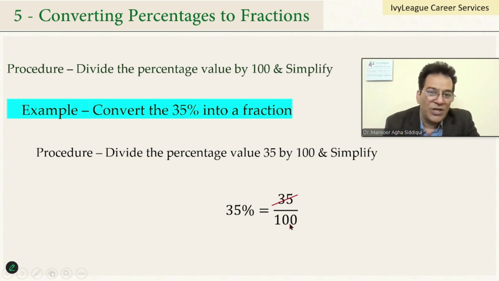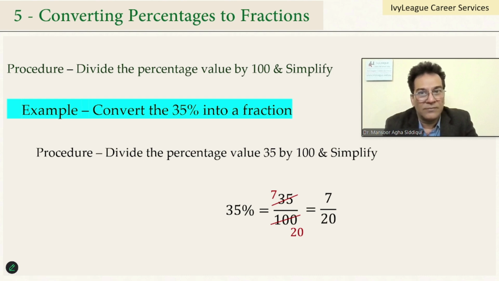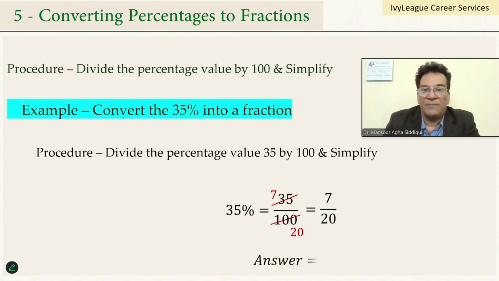So I can simplify and I will end up getting 7 by 20. So 35% is equal to 7 by 20. I'm moving ahead. I'm expecting that you have already written it along with me. Done, sir. Okay.